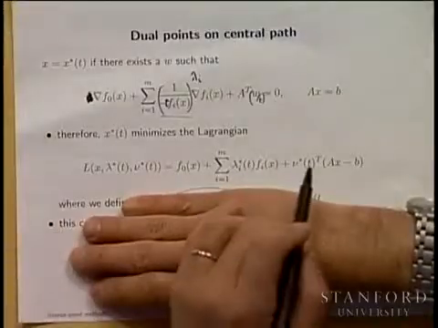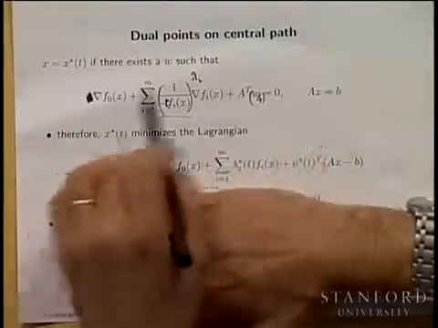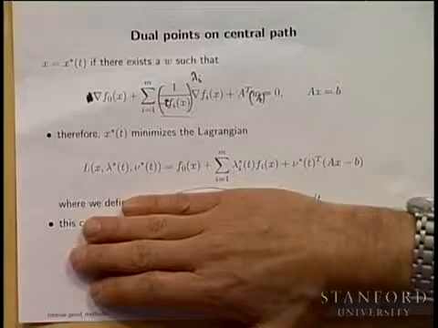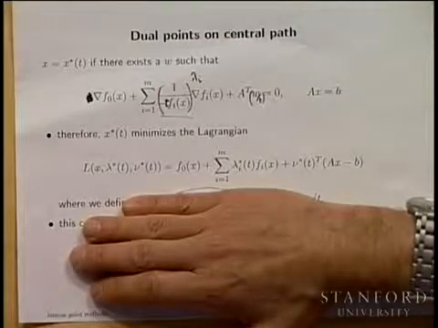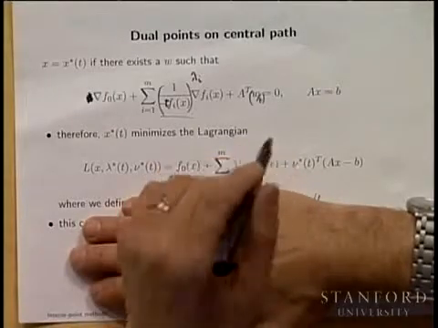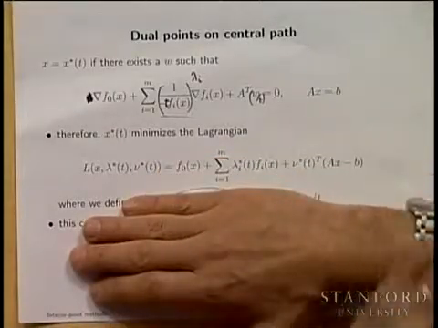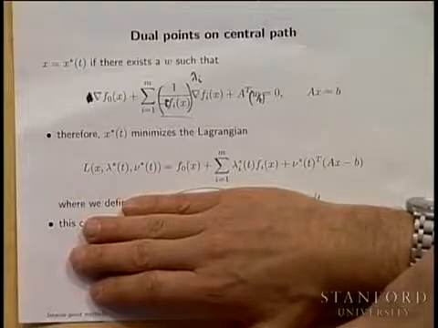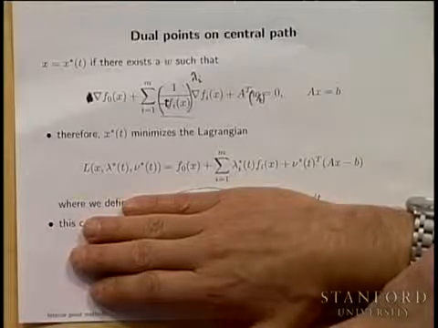You know how I know that? I know that because this is the optimality condition for minimizing the Lagrangian for this choice of lambdas. So I do know that it minimizes. If I plug in my x star, it does give the infimum over x of the Lagrangian. I don't know if that made sense.